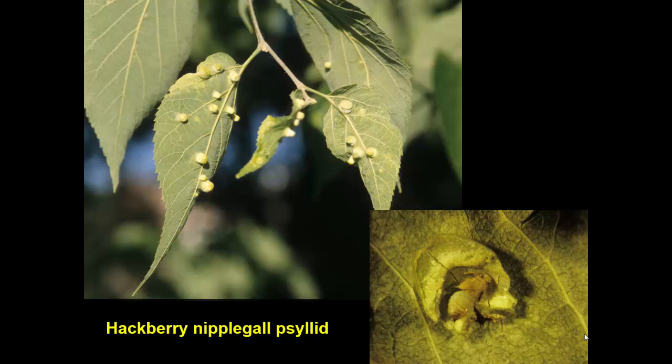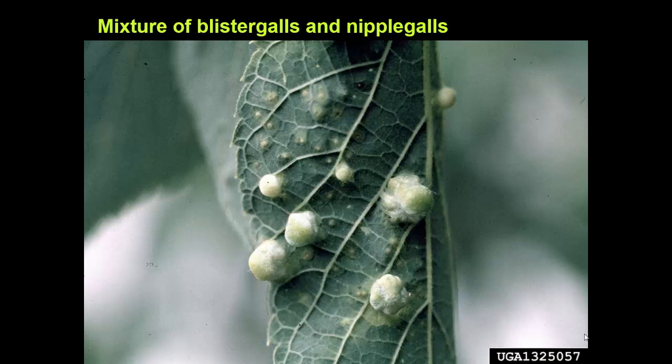And were you to take this larger one, the hackberry nipple gall psyllid, in the middle of summer and cut it open carefully, there will likely be a visible developing insect, as indicated in the lower right here. That's the insect whose feeding induced these leaf tissues to grow that little home around it. It made a gall.